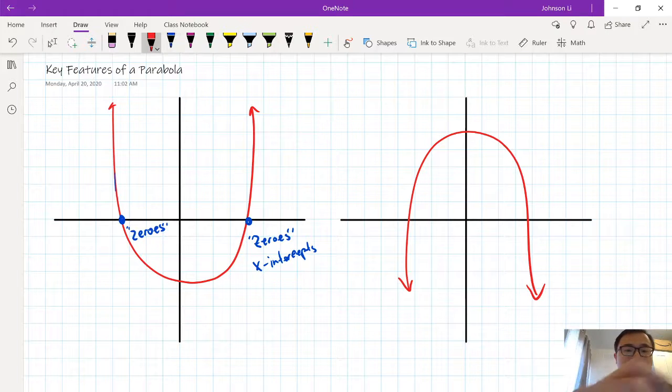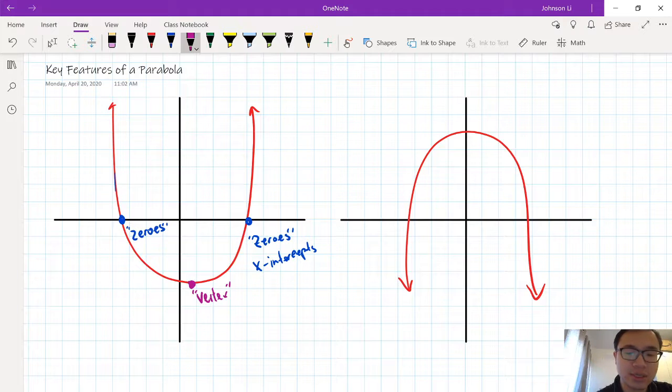There's another point that I would like for you to remember, and that would be our vertex, okay? Let me use a different color. The vertex over here is also known as the highest or the lowest point on the graph, okay? And it's basically where the graph starts to curve back up or curve back down, okay? It is the peak, or the point at which it turns, okay?